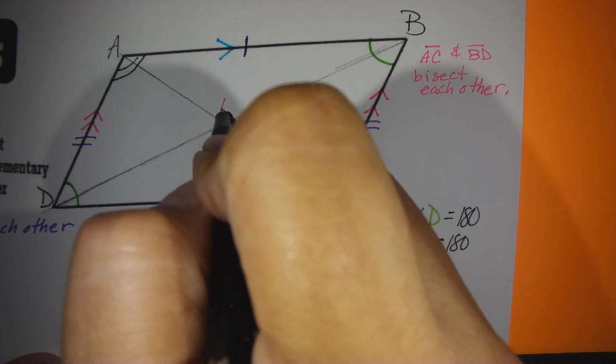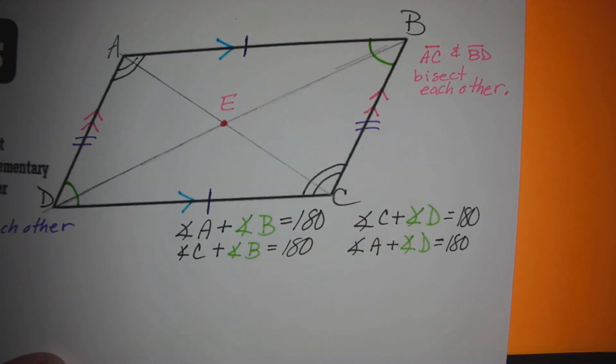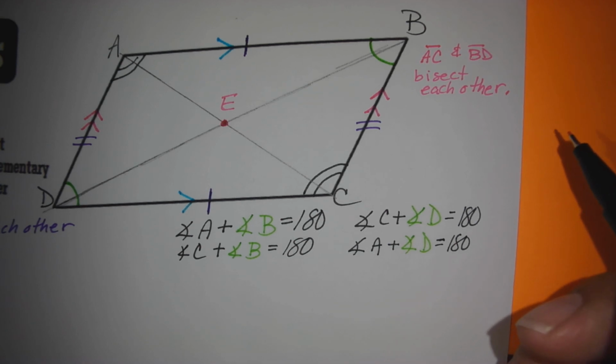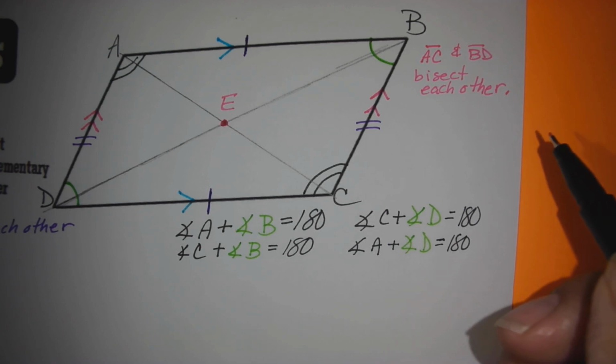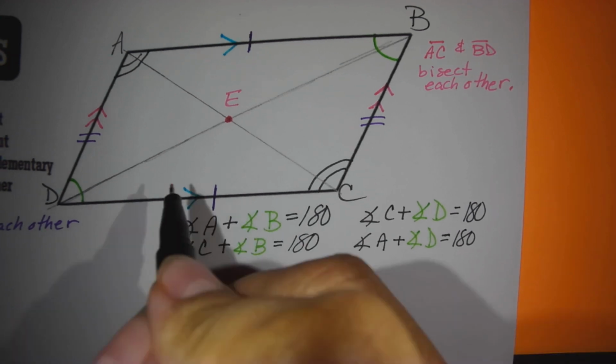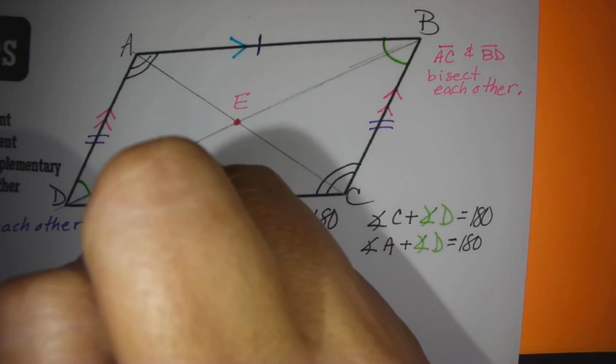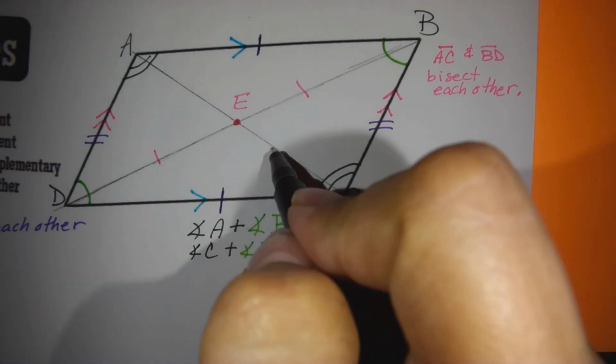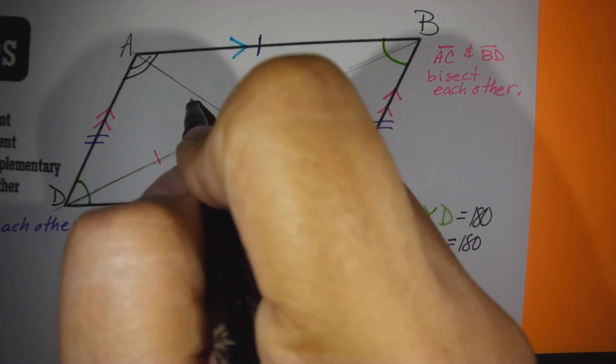And we're going to go ahead and call this point E. Now remember, bisect means cut exactly in half, two equal parts. So we have this part equal to this part, and then we have this part equal to this part.